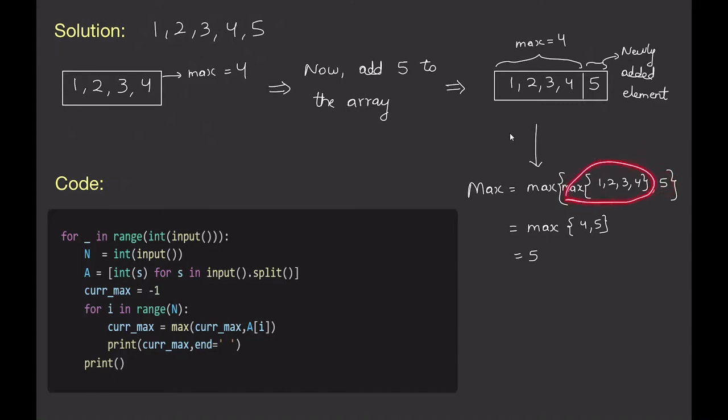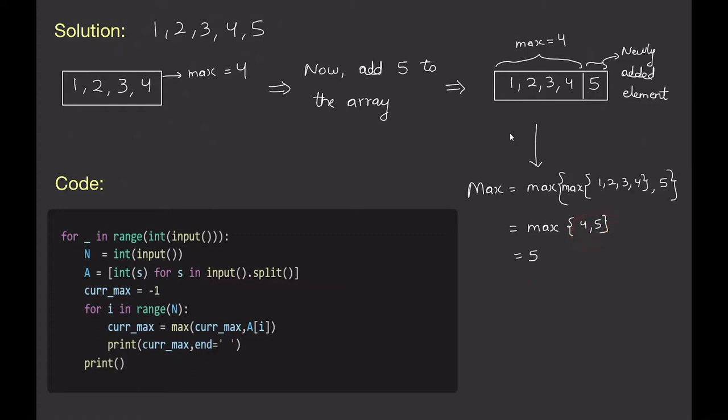As this is already computed, you can get it in order one time. So max of 1, 2, 3, 4 is 4 from the previous query, and now you just compare 4 and 5. So the answer here is 5.